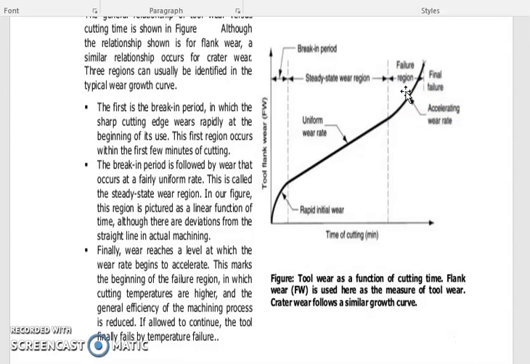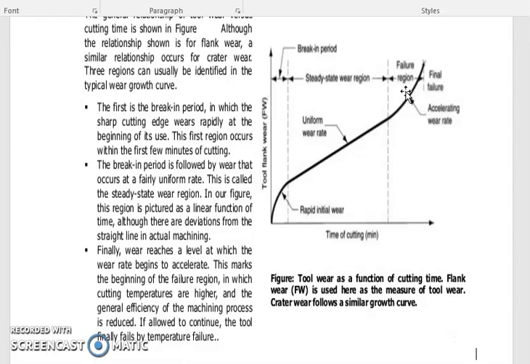The cutting temperature is higher and the time has advanced to a much larger value. Cutting temperatures are higher, so the general efficiency of the machining process is reduced. If we continue, the grinding wheel will finally fail by temperature failure.